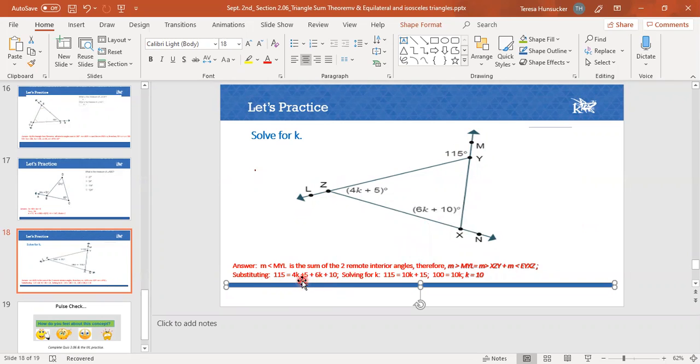So I'm adding those inside angles to equal that exterior angle. Solving for K, you get 115 equals 10K plus 15. 6K and 4K is 10K. 5 and 10 equals 15. So we have 10K plus 15 equals 115. Solving for K, K is 10.